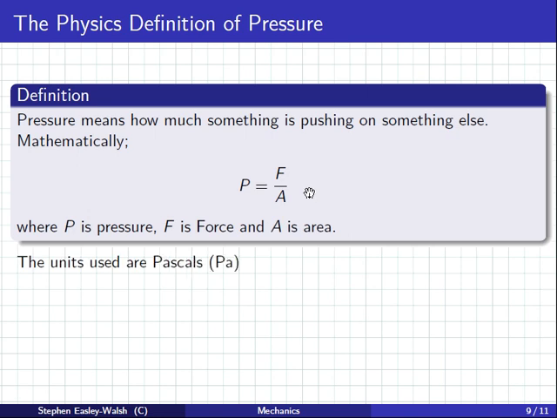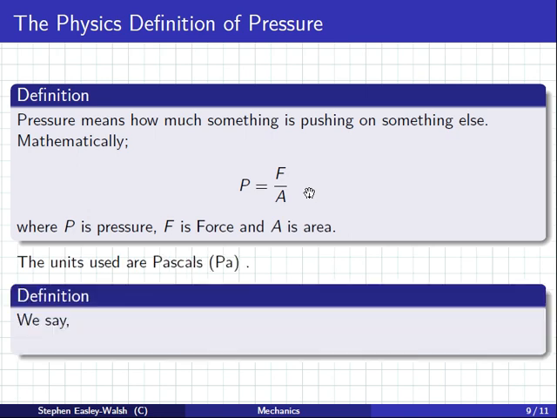The units are pascals, and we say, well, let's practice making a definition. We say 1 Pascal of pressure is 1 Newton of force applied over 1 meter squared. Yeah, something like this will be fine in the exam. There's just one tiny word that you might need to include.